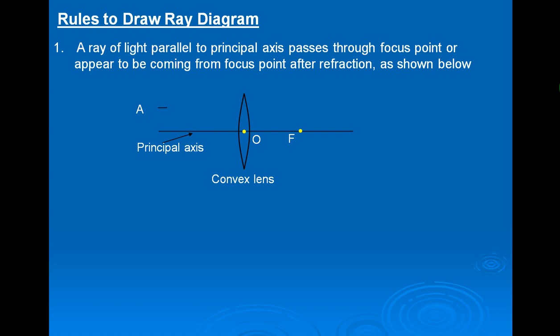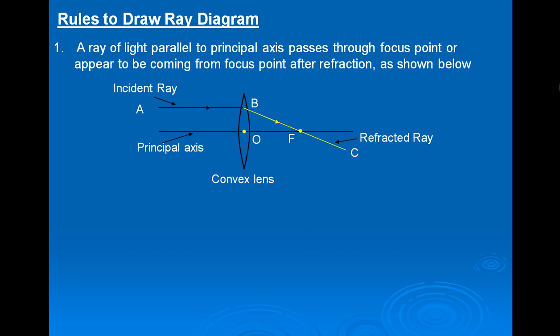From point A, a ray of light is incident on the lens at point B. So AB is the incident ray of light which is parallel to the principal axis. So according to the first rule, it must pass through the focus point and moves along BC. So BC is the refracted ray of light which is passing through the focus point.